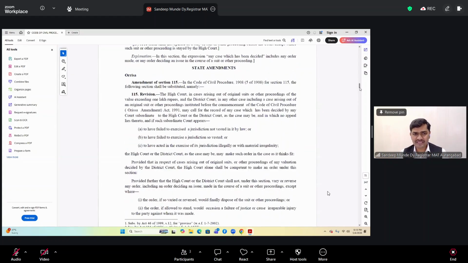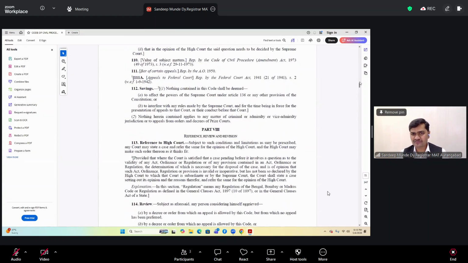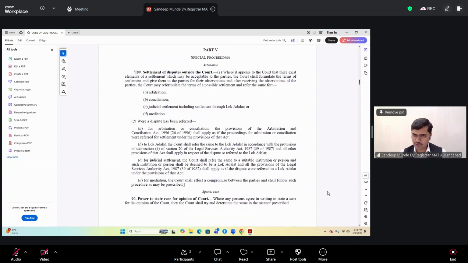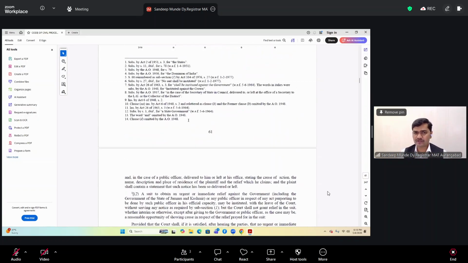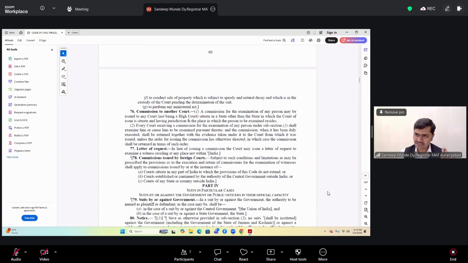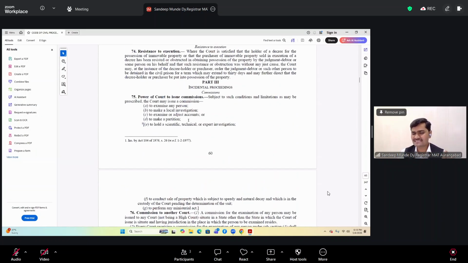So for what purposes may the court appoint commissions? All the provisions with regard to the appointment of commissions, if we just glance at Section 75, we will get the answers to all the questions for what purposes the court has the power to issue a commission. It is covered under Part 3 of the Code of Civil Procedure, the heading of which is incidental proceedings.